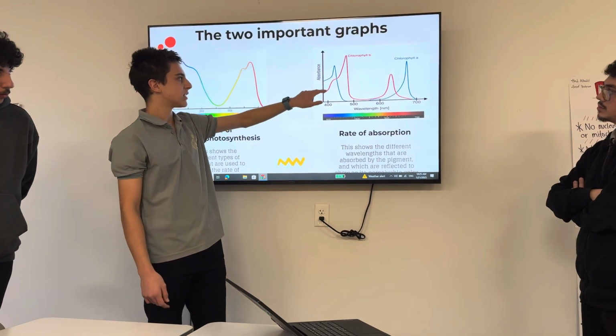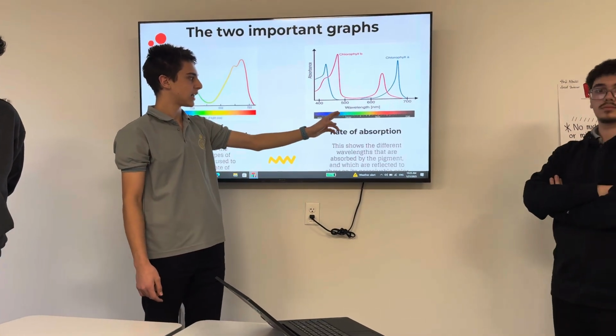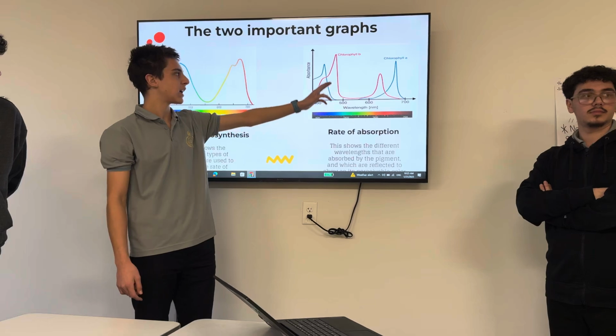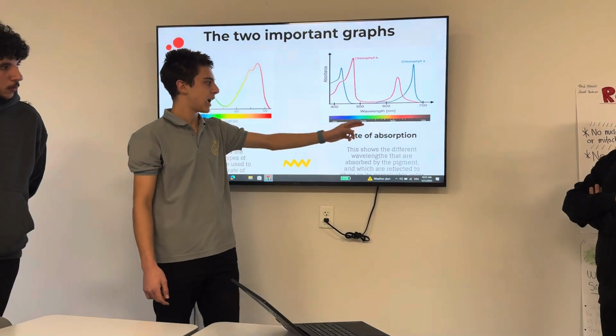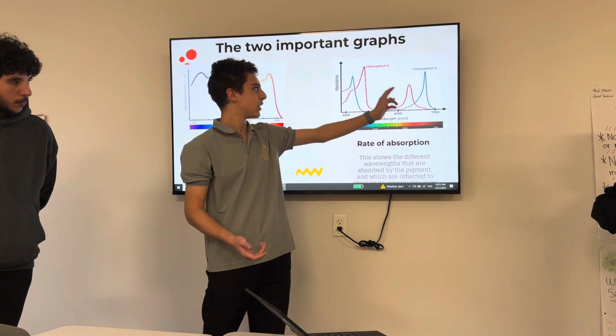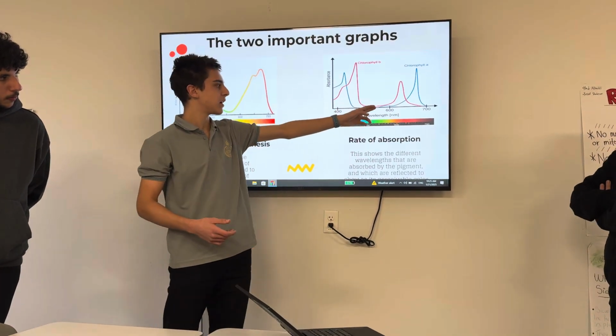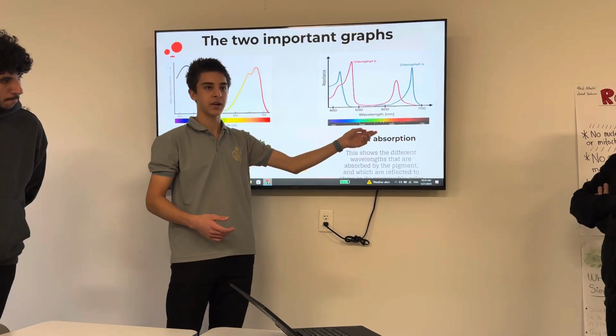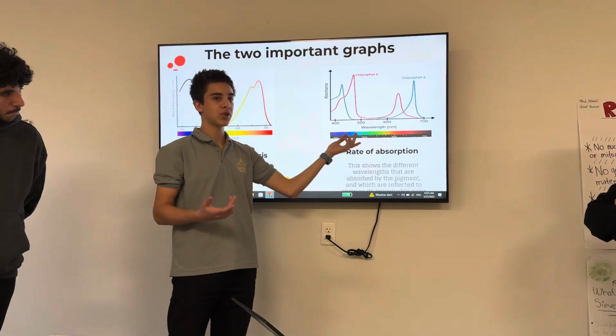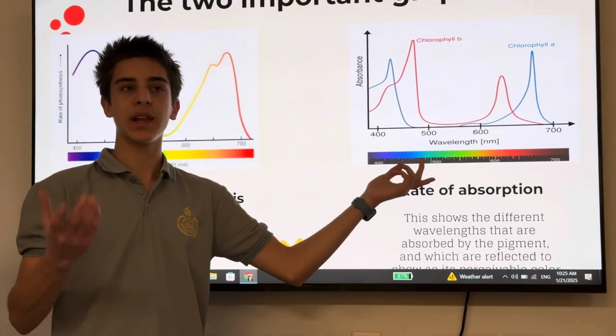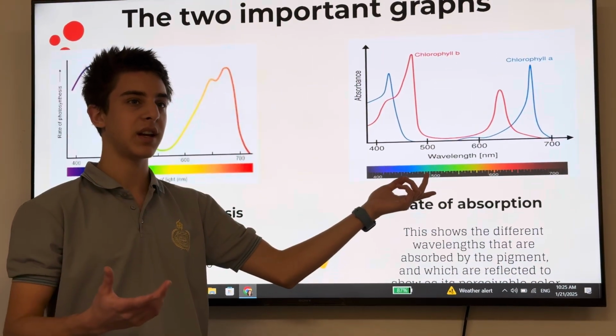So this goes up here. At, let's say, blue, it can absorb it really well. And at around a red color, chlorophyll B can absorb that color really well. But then you look over here, in the greenish yellow area, it can't absorb it. What does that mean? It means it reflects the light and we perceive it as green.